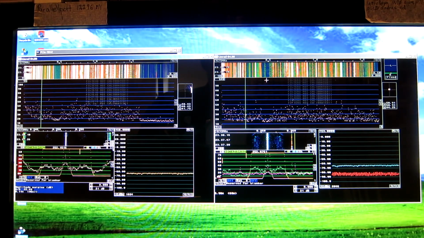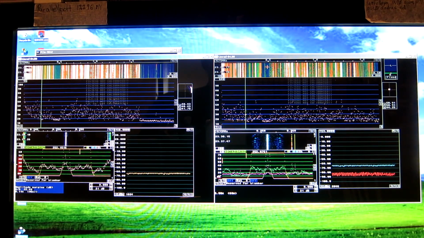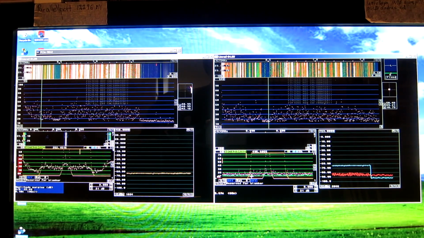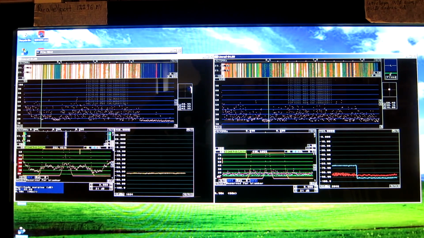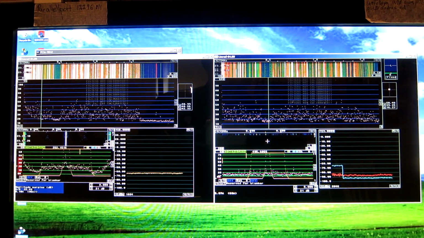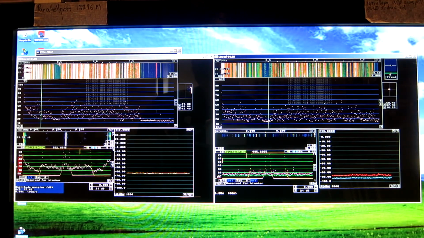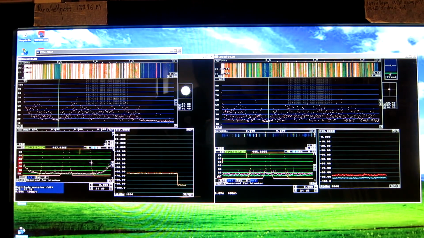Could be the presence of carriers in a quiet region like here, let's say 0.5 megahertz. You see there are carriers here, and I go to 0.5 megahertz here and look at it.